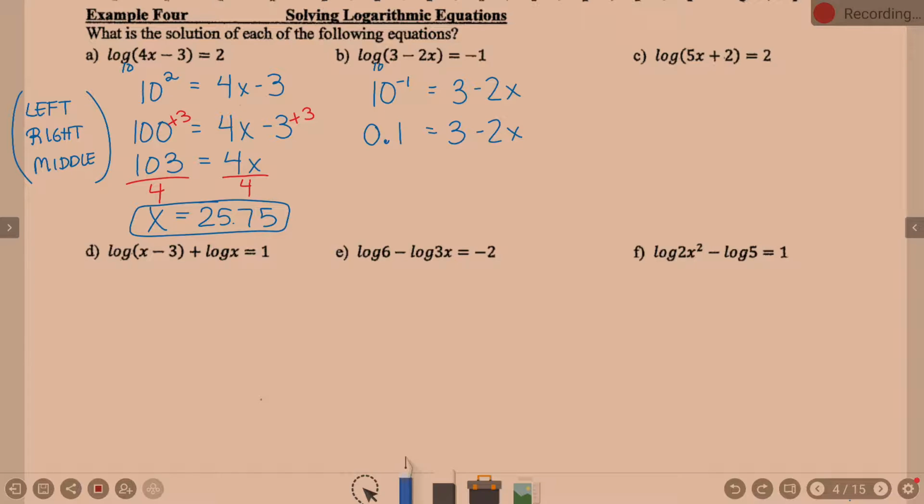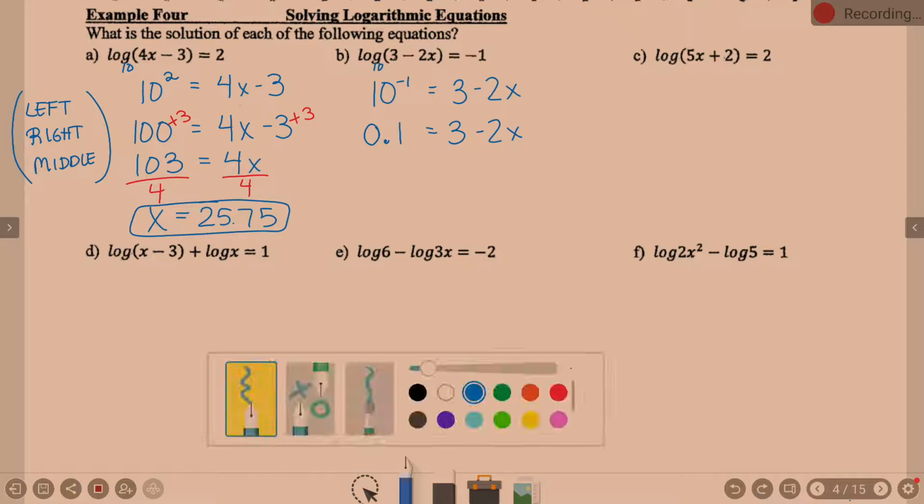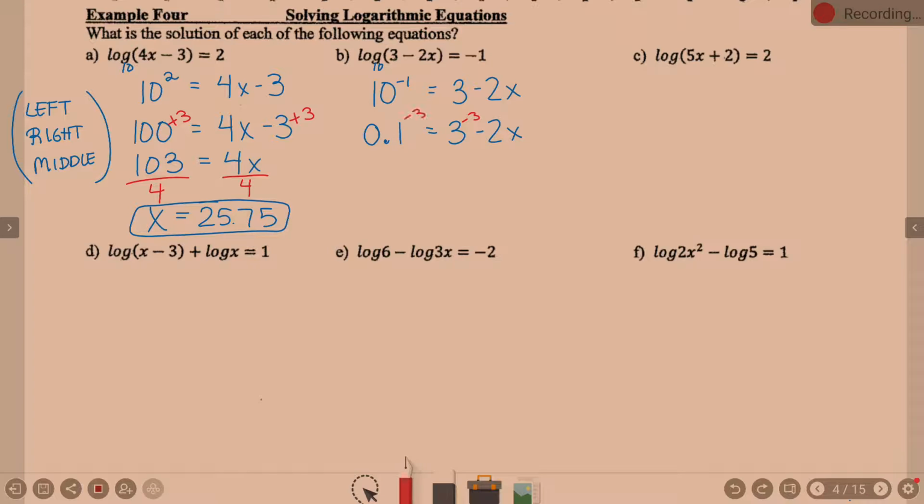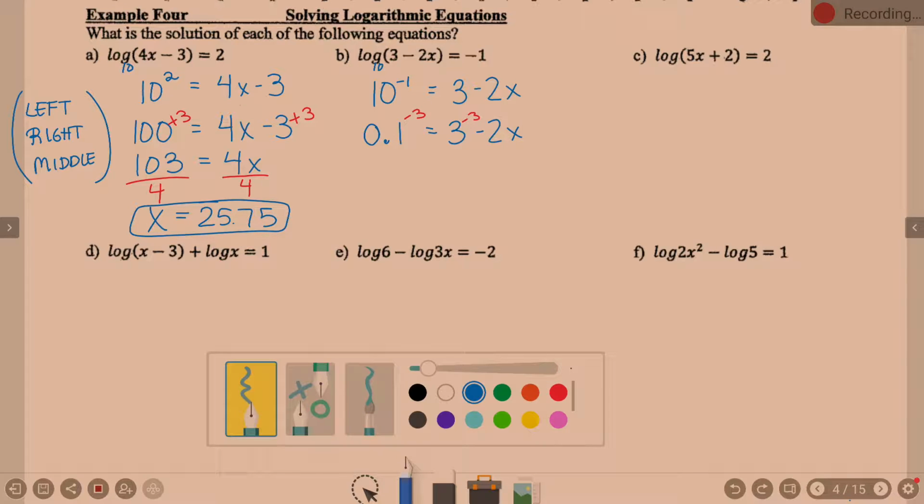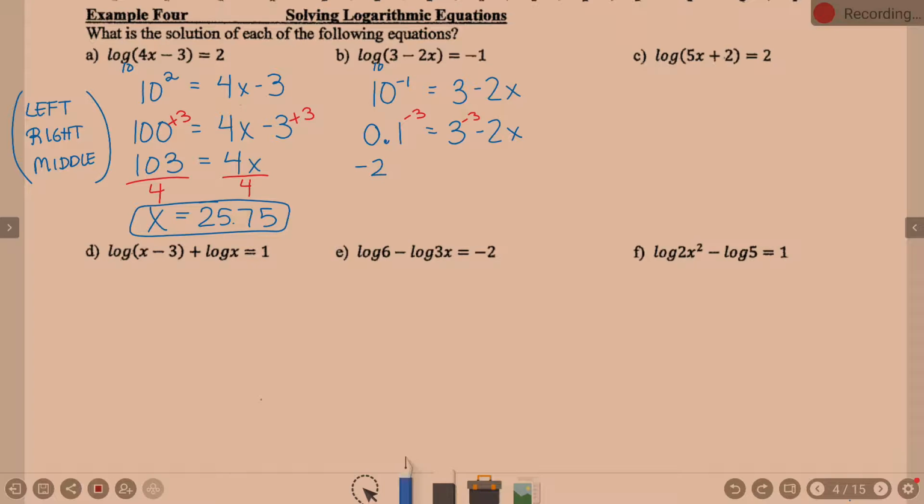I don't care what you do. I just know how you guys are, that as we go into these next steps, you'd much prefer being able to put it in a calculator, wouldn't you? So decimals make that easier. If it's 3 minus 2x, how do I get x by itself? If it's a positive 3, we're going to subtract 3 to get it to cancel. 1/10 minus 3 is negative 2.9.